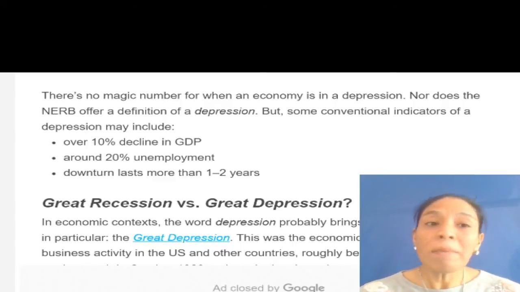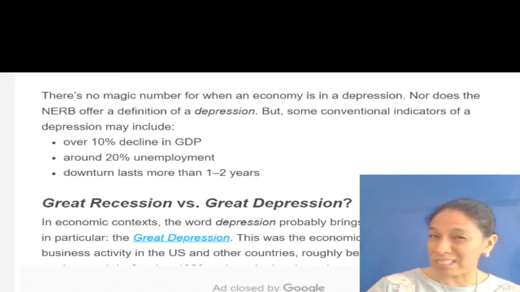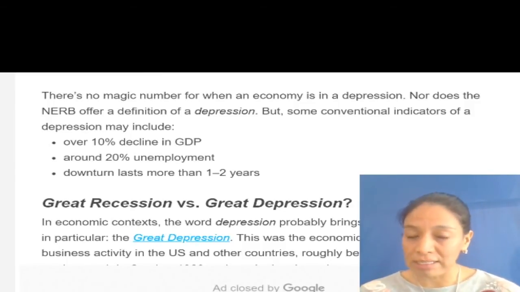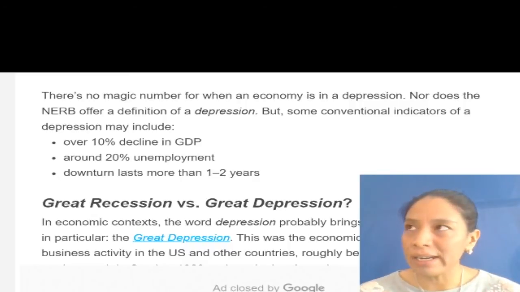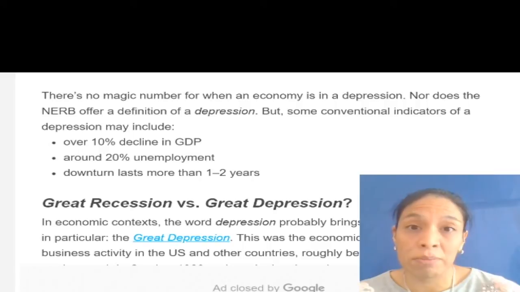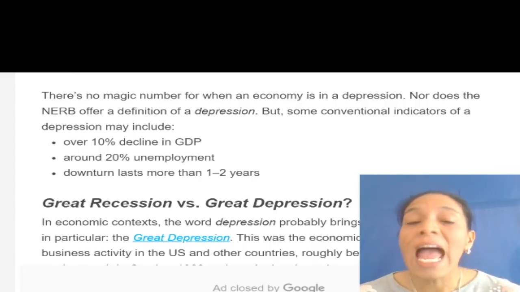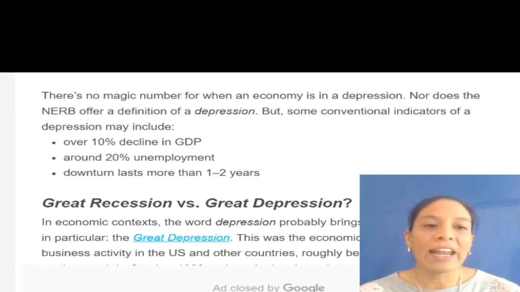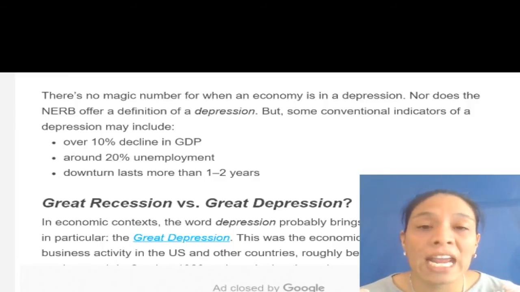Okay, so there's no magic number for when an economy is in a depression and stops being in a recession. We know exactly when it goes out of a crisis and starts being a recession: two trimesters. But when we are not in a recession and we start being categorized as a depression, well, there's no definition. You're going to find many authors. However, the global universe has agreed that if you have over a 10% decline in GDP, we're talking about a depression.